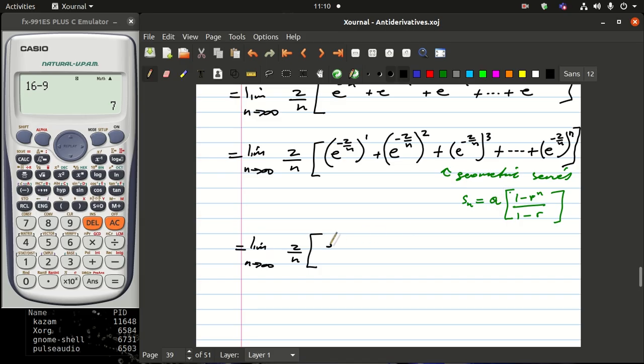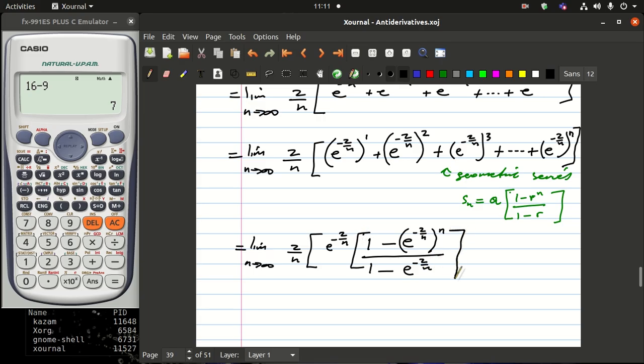My a is e raised to minus 2 over n, and then inside I will have 1 minus e raised to, remember that this is still r, so you will have minus 2 over n. And this whole thing, we wanted to raise it to this n, which is the number of terms, and then divide by 1 minus e raised to minus 2 over n, which is our r.